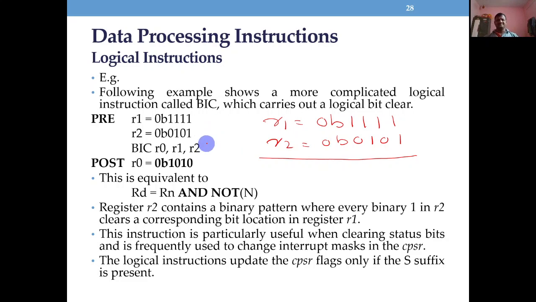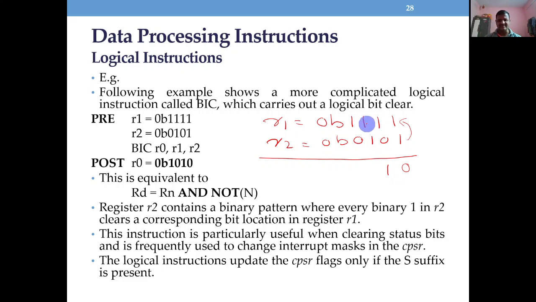Carefully observe the positions from MSB to LSB. Wherever R2 is logic 1, the corresponding bit of R1 becomes 0. Wherever the R2 bit is logical 0, there is no change in that bit, it remains the same.